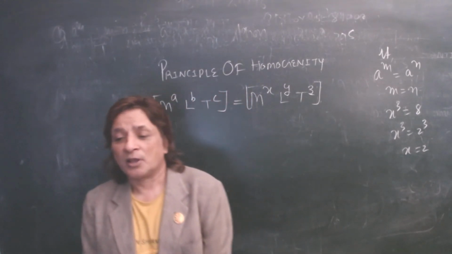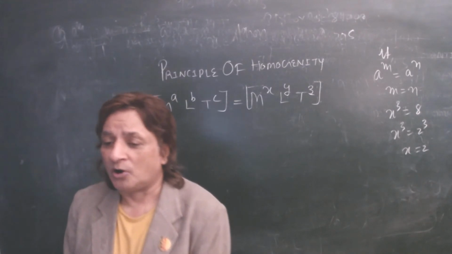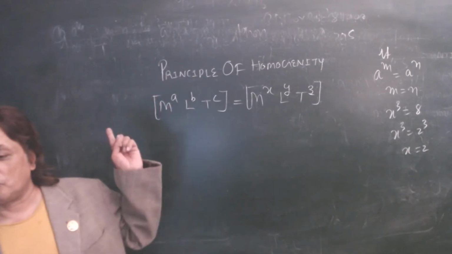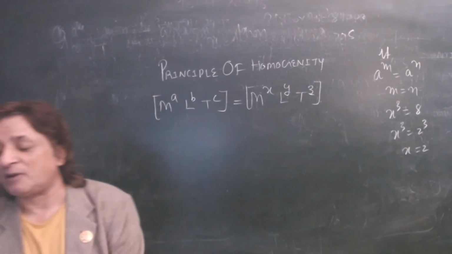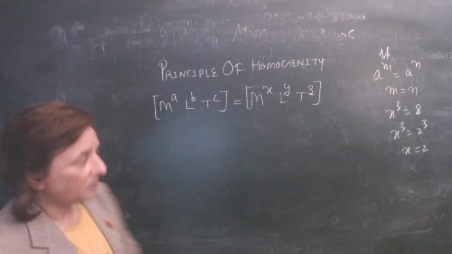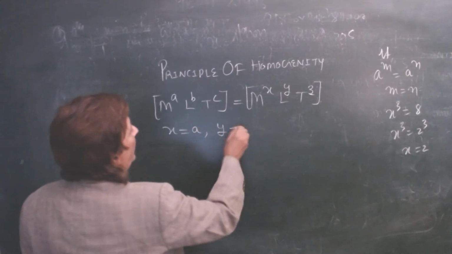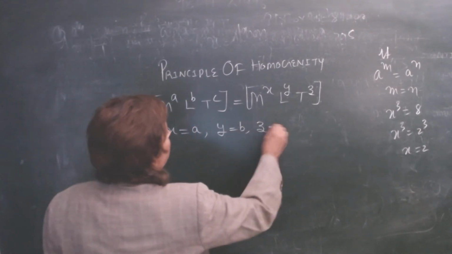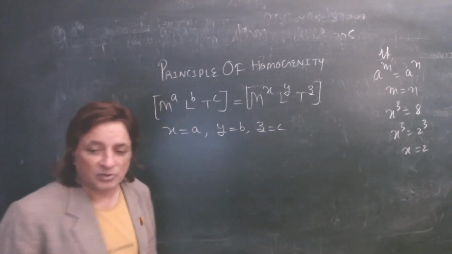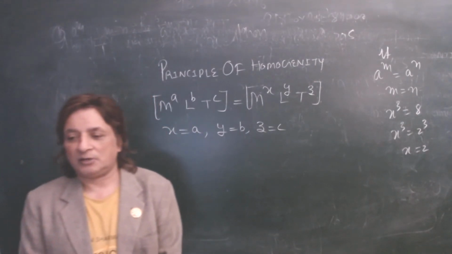It simply explains that the dimensions of mass, length and time on the left hand side must be equal to the respective dimensions of mass, length and time on the right hand side. That is, x is equal to a, y is equal to b, z is equal to c. So this is the principle of homogeneity.